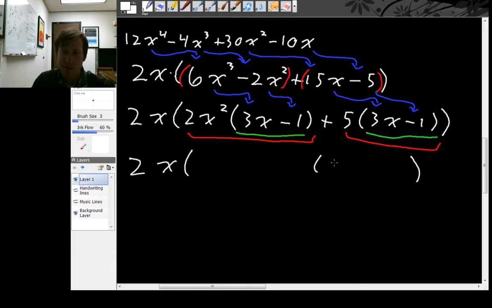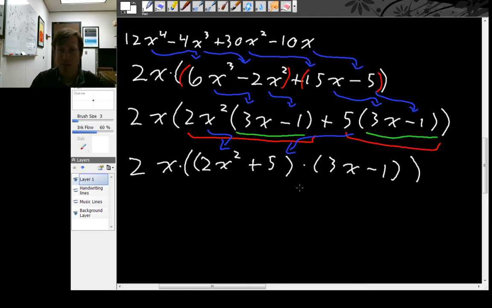The 3x minus 1 we're factoring out like this. And now, what's left over? From this first part, 2x squared is left over. And from this second part over here, 5 is left over. So plus 5. Like that. Okay, now we have a big multiplication.